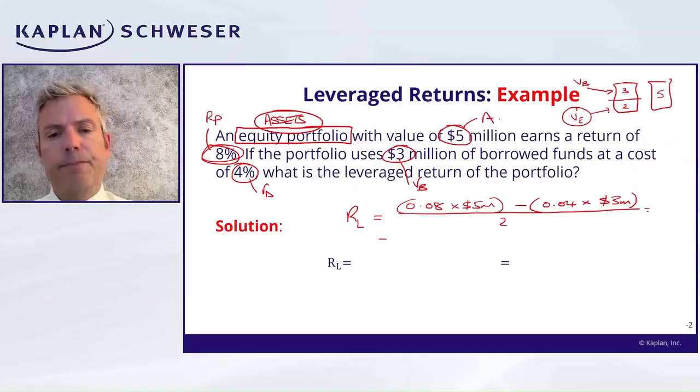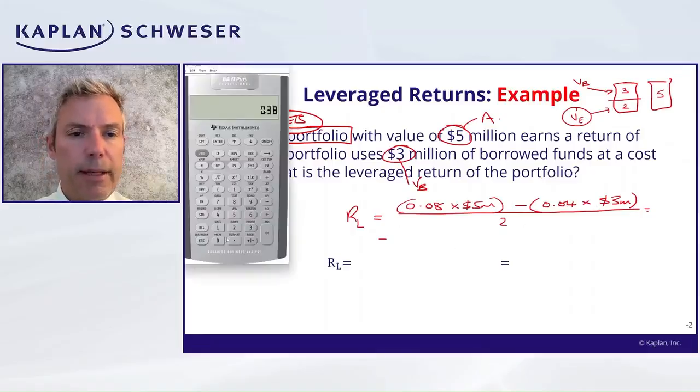8% of 5 million is 4, of course, minus 4% of 3 million. I'm trying to do this in my head, so I'll make sure I don't mess this up. So 0.08 times 5 is 0.4, and then we minus 0.04 lots of 3, and then we divide that by 2.